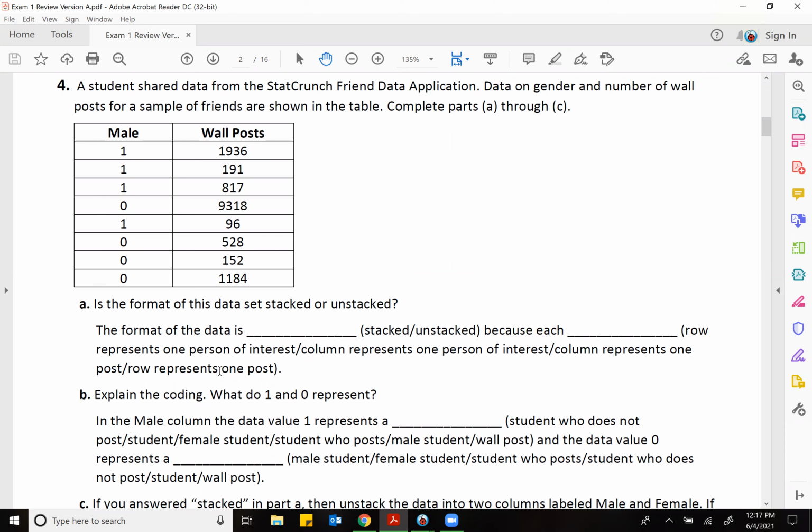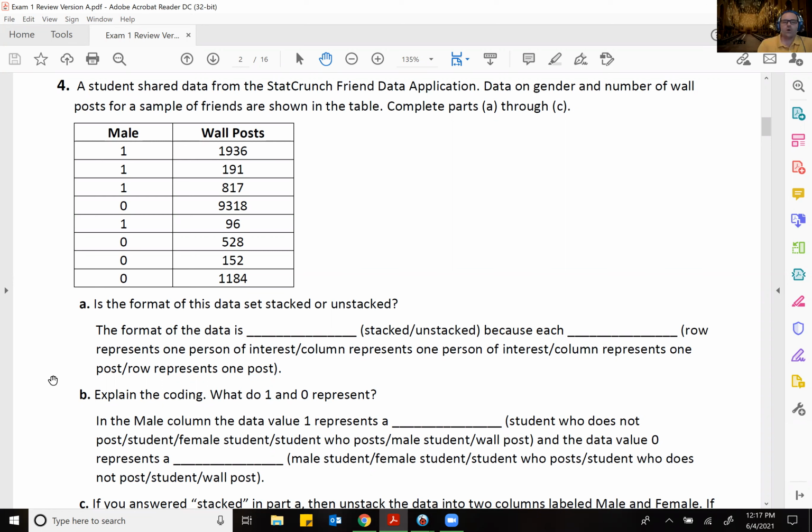I know it's that the row represents one person of interest, but I always get confused because both unstacked and stacked data have each column representing a variable, right? But it's in the row that it differentiates. Mhm. And what's that difference? Yeah, and you're getting it.